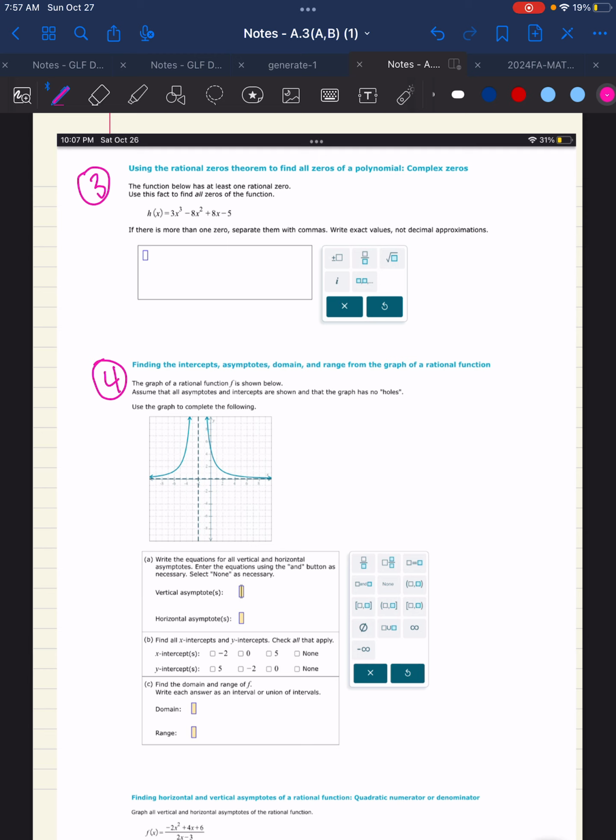So here we go. We have 3 steps to complete.